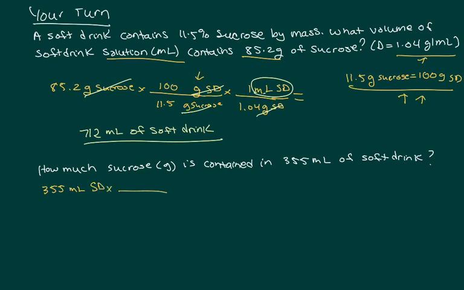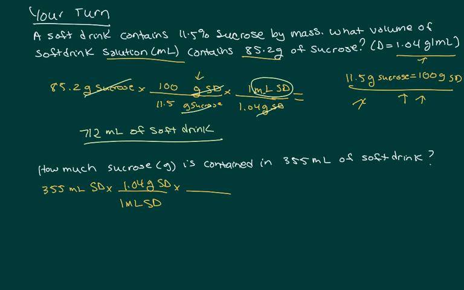Okay, and so how do we go from milliliters to grams of soft drink? We use our density. For every 1 mL of soft drink, I have 1.04 grams of soft drink. Now I can use the second conversion factor to go from grams of soft drink to grams of sucrose.